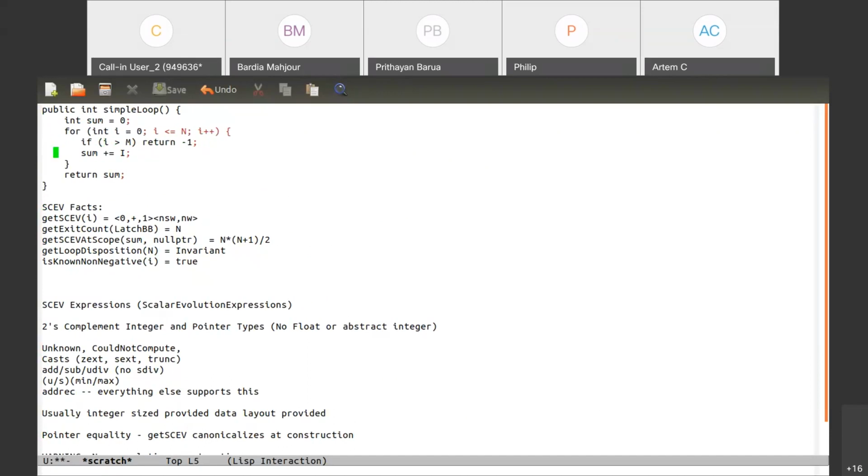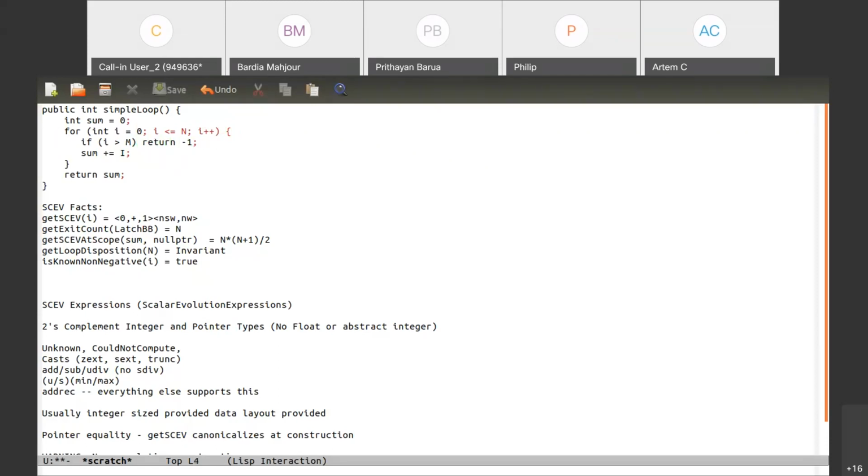So here I just added an extra exit to this loop. And this time I said if I greater than m, return -1, just as a toy example. The key thing now is I have two exits from this loop, one in terms of n, one in terms of m.